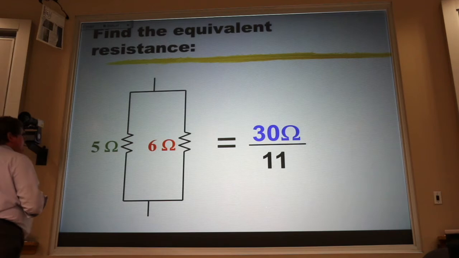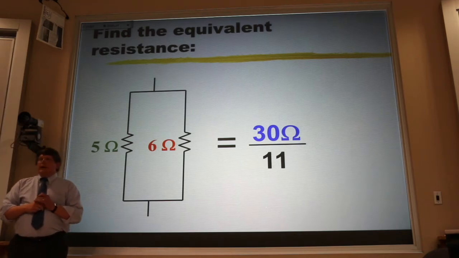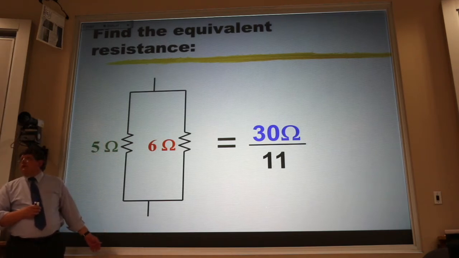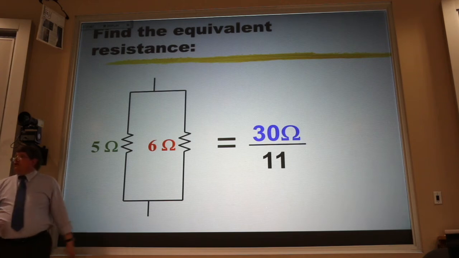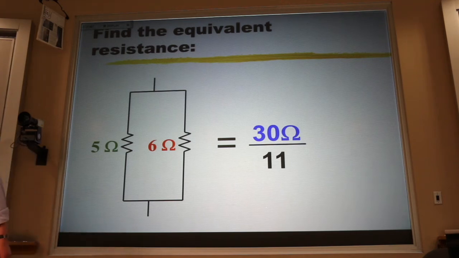Because let's look at it from Fred's point of view. If Fred wants to get through this, Fred could just go through the 5. Right? And be back to the battery. He could just go through the 5. Or, there's another opportunity for flow. There's another door open. That reduces the resistance from the 1 path, the lowest path.